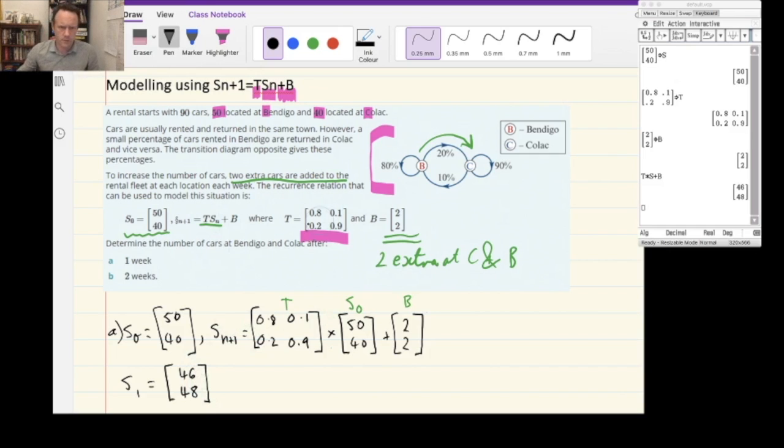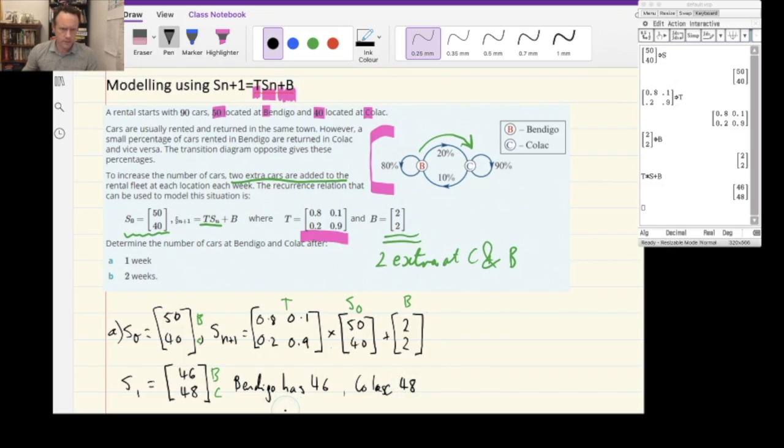We're told there were 50 in Bendigo and 40 in Colac, so Bendigo is our top value and Colac's our bottom value. Remember, if you're answering the question correctly, you will state that Bendigo has 46 cars and Colac has 48 cars.